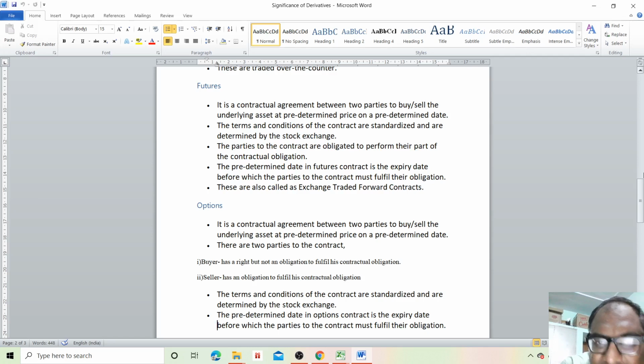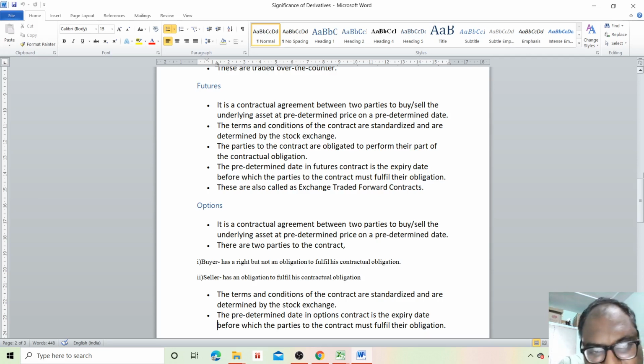The parties to the contract are obligated to perform their part of the contractual obligation. Next, the predetermined date in a future contract is the expiry date before which the parties to the contract must fulfill their obligation. And last one, these are also called exchange traded forward contracts.